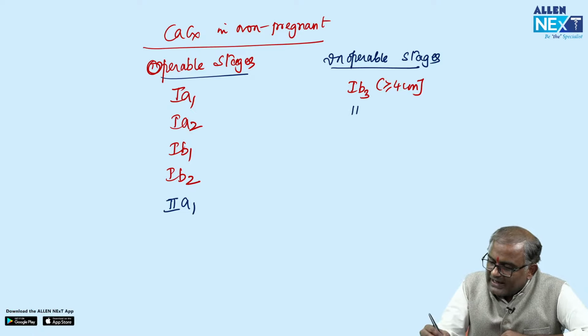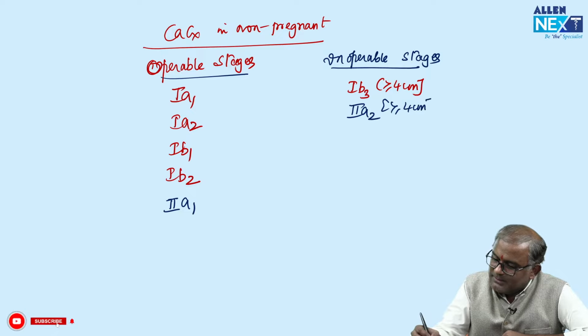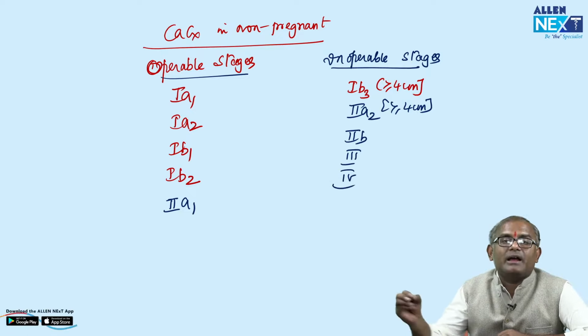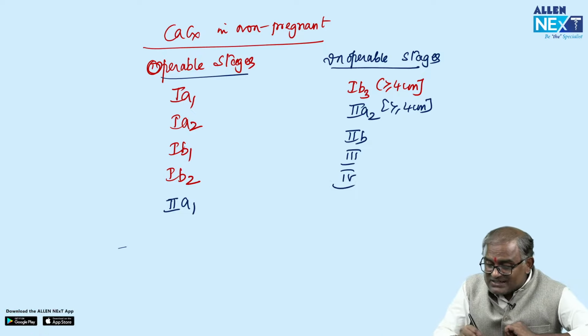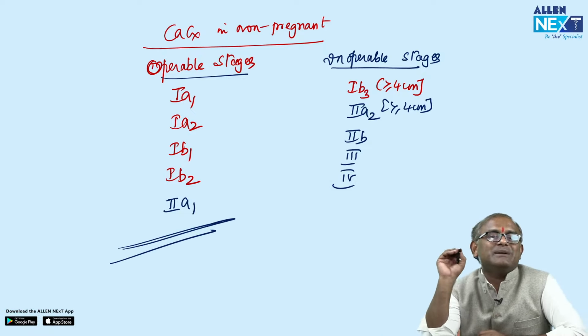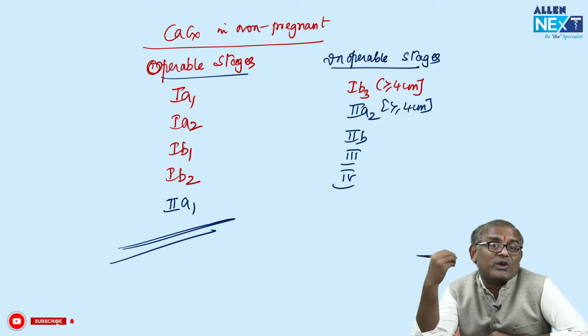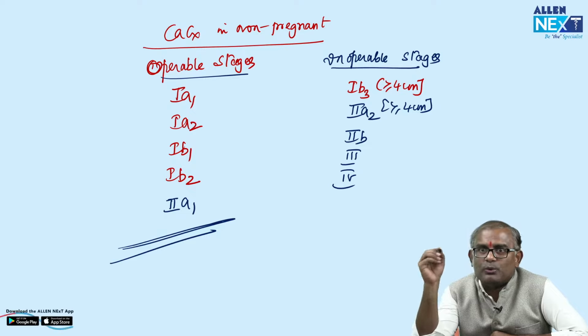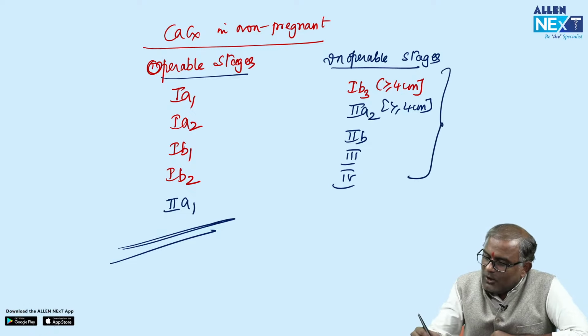But 2A2 is not operable because it is once again more than or equal to 4 centimeters, and 2B, 3 and 4 are definitely inoperable. Please make a note: till stage 2A1 we can operate. Beyond stage 2A1, that is 2A2, 2B, 3 and 4, definitely inoperable. Chemoradiation.